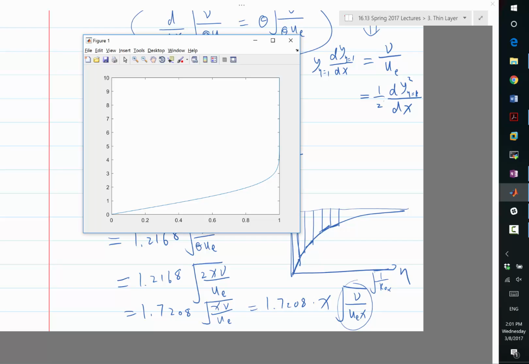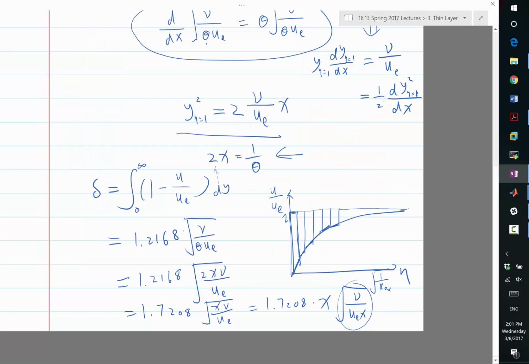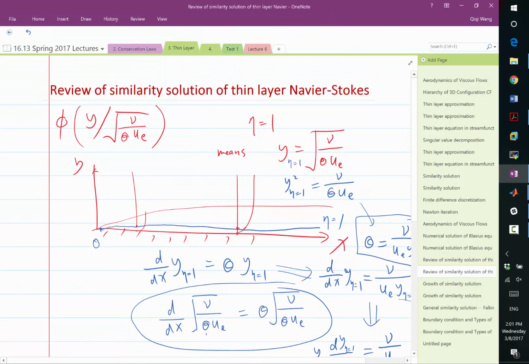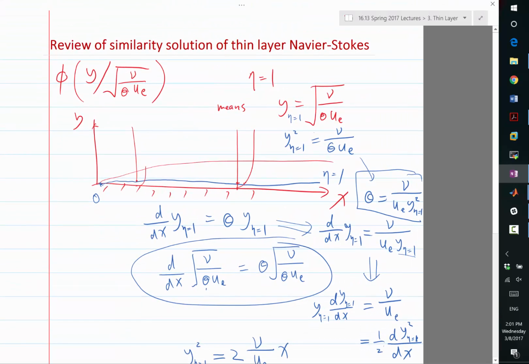The reason it's called displacement thickness is, we'll study this later, that if you think of a streamline outside the boundary layer, it is going to be the same for two cases.